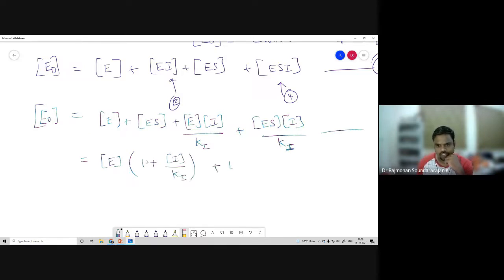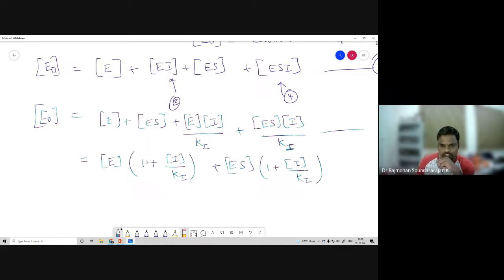Similarly, if you take ES common outside, you get 1 plus I by Ki. Is that right? E naught equals E into this term plus ES into this term.